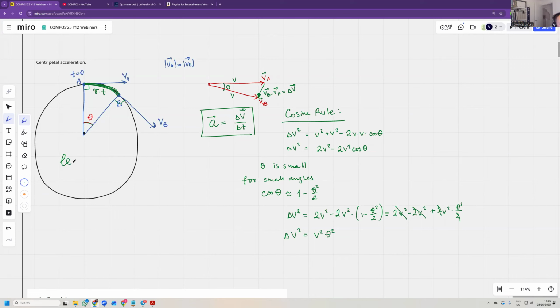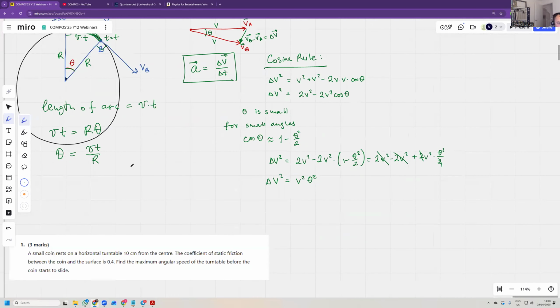So the length of the arc is v times t, because you're traveling at speed v for a time t. And because this is the radius of the path, vt is equal to r theta. So from here, theta can be expressed as vt divided by r. And we're going to substitute that in.